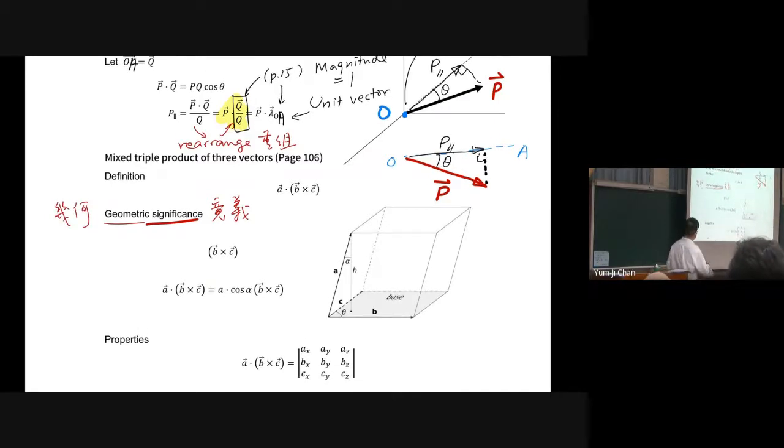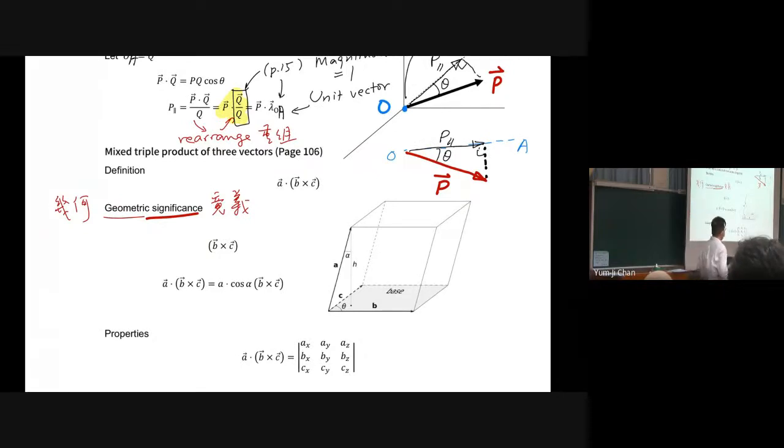For example, in this figure, we have three vectors A, B, and C. Can you tell me what we can get by doing this B cross C? Of course, you can say it in Chinese or English. Have you learned this in high school? If we calculate B cross C, what will we get?